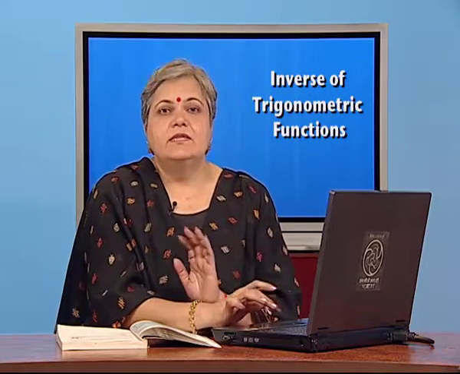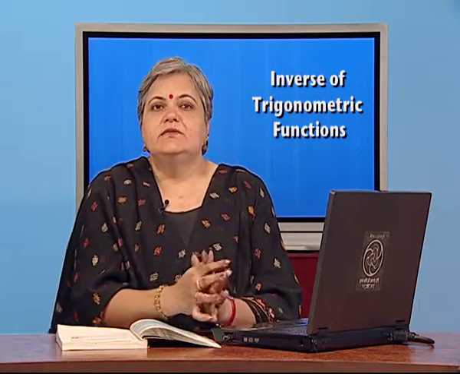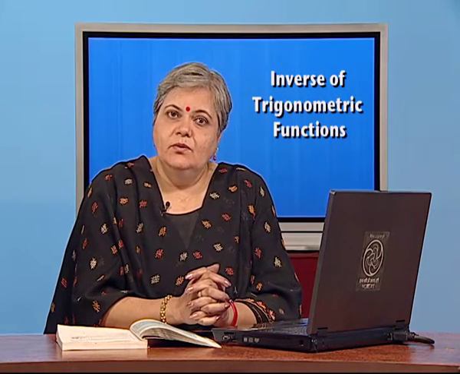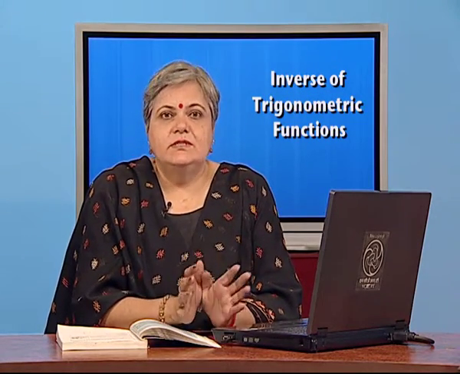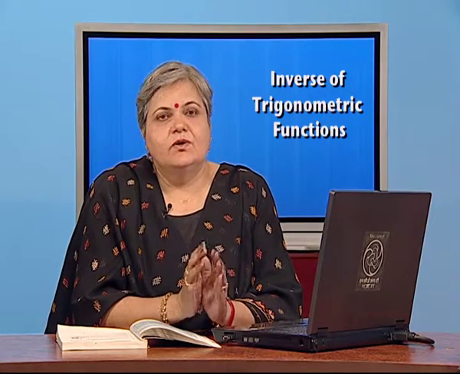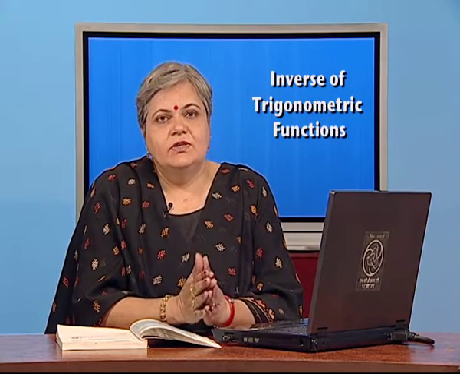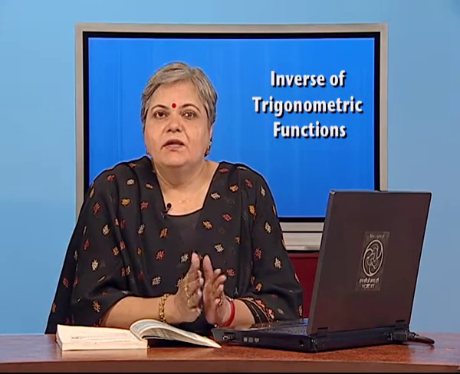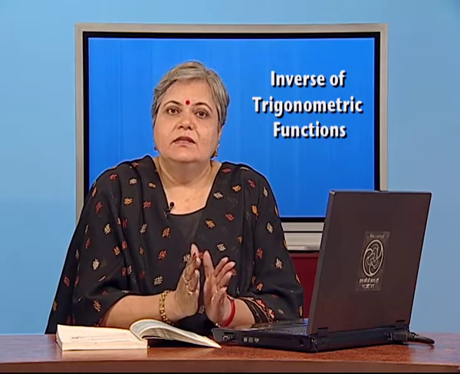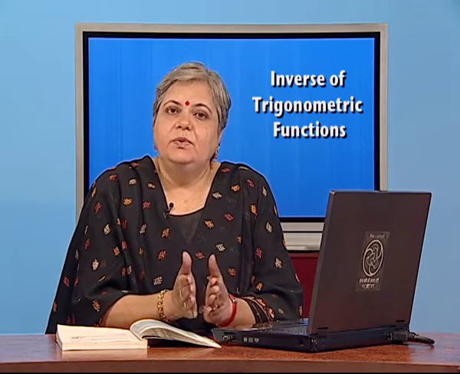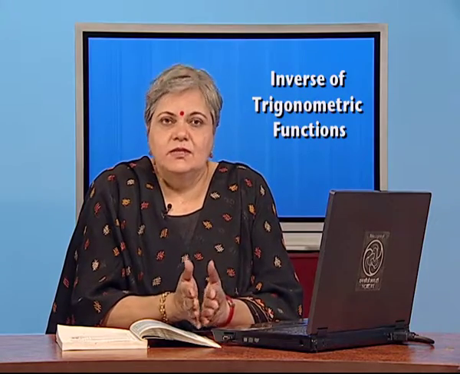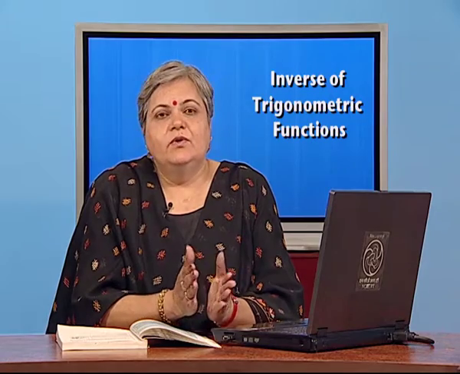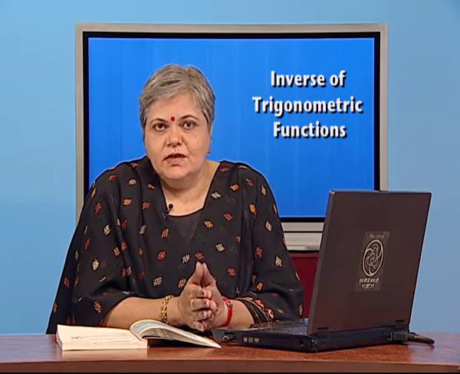And therefore, the sine inverse function is defined only when the sine function was 1-1 and onto, and for that we had to select sub intervals of the real line over which the function is not only 1-1, but onto as well with the range minus 1 to 1, and we defined the sine inverse x to be y when x was sine of y. This is typically what we will be doing for other inverse trigonometric functions as well.